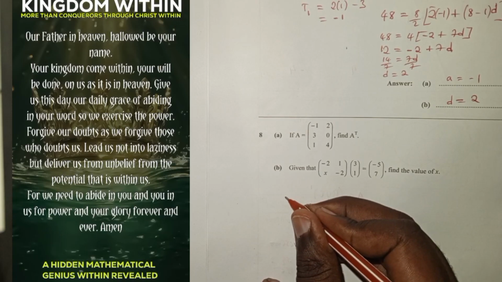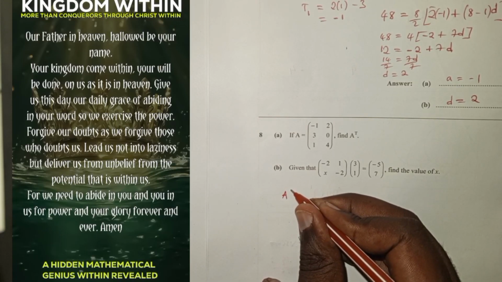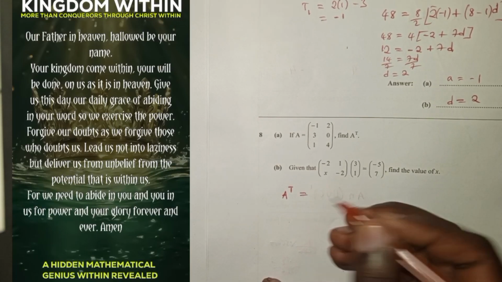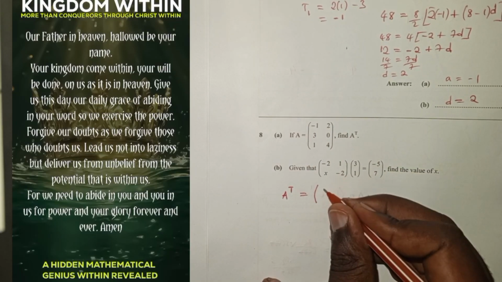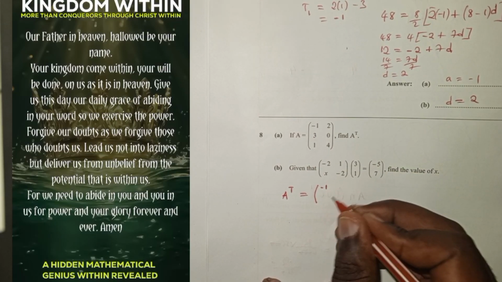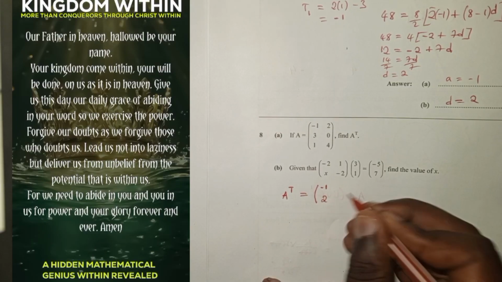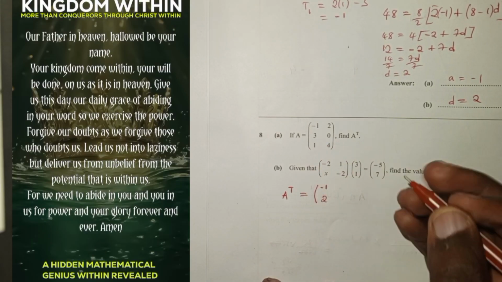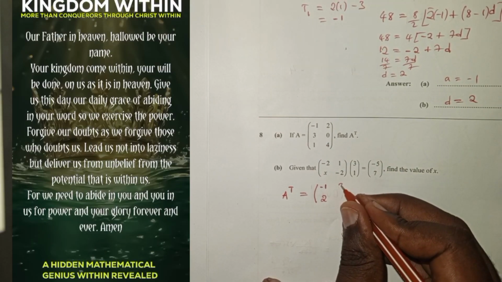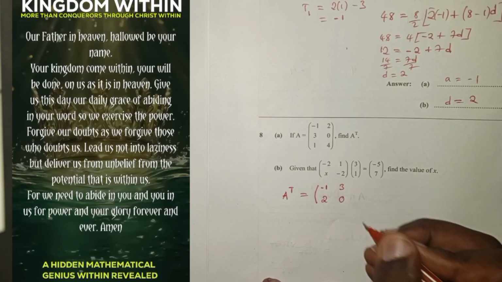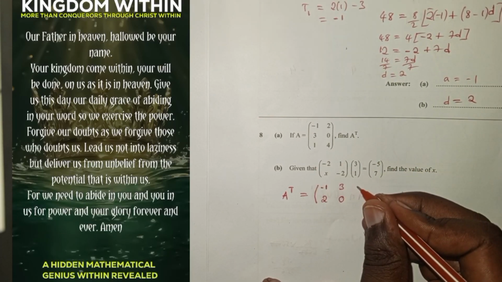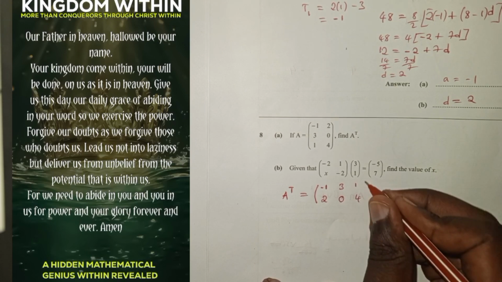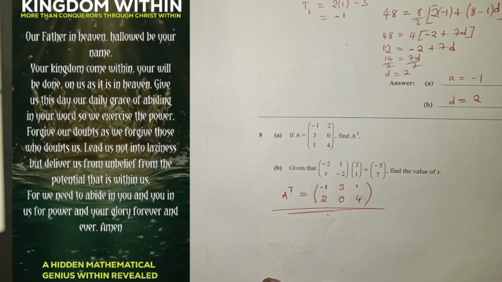So A to the power T is equal to, so our first row here becomes first column, so minus 1, 2. The second row becomes second column, and the third row becomes third column. So this is A transpose.